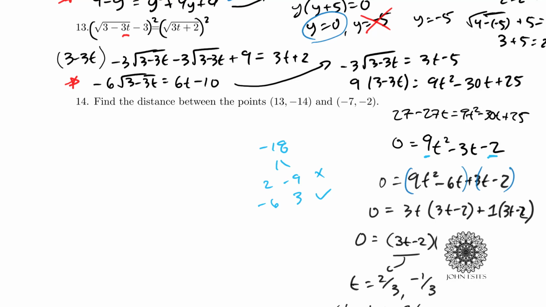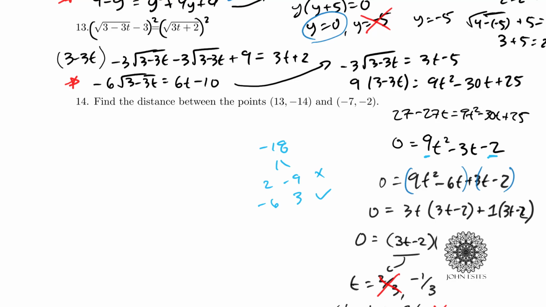So I have 3 minus 2, square root of that is 1. So this all becomes 1 minus 3. I end up with a negative 2. If I plug in 2/3 onto this side, 2/3 times 3 is 2. 2 plus 2 is 4. I get a positive 2. That does not work. So 2/3 does not check.